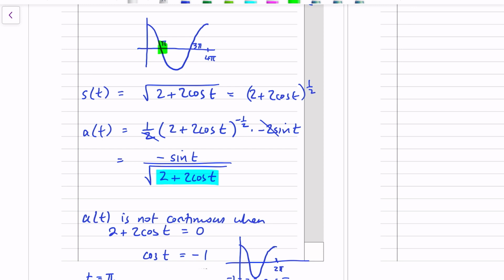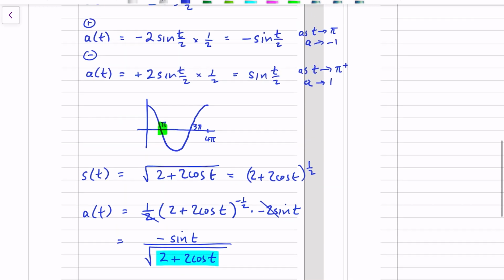And the other one, of course, is at 3 pi. It gets back to the next minimum. So pi is the first minimum, 3 pi is the next minimum, and so on.